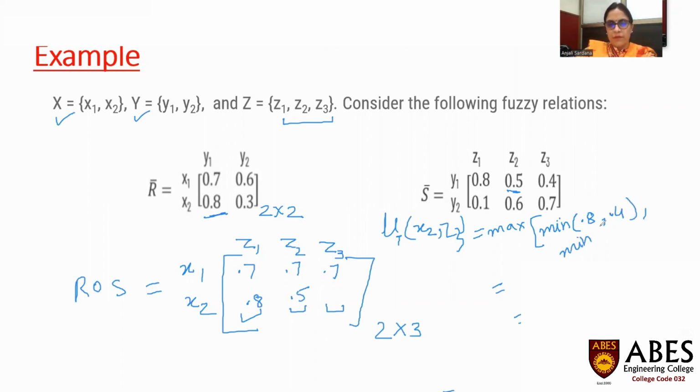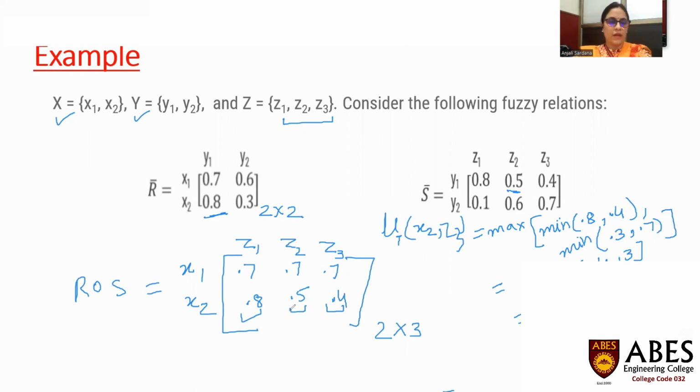Then minimum of x2 to y2, it is 0.3, and from y2 to z3, it is 0.7. The minimum value will be chosen, and then out of these two minimum values, the maximum value will be chosen. And this will be the relation which basically shows the relationship between elements of fuzzy set X and elements of fuzzy set Z using the fuzzy set Y. We have used here the max-min method.